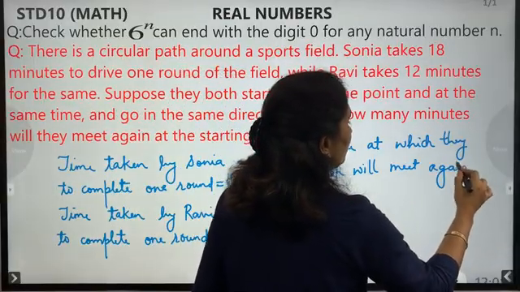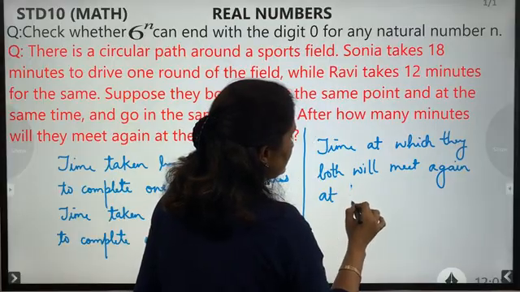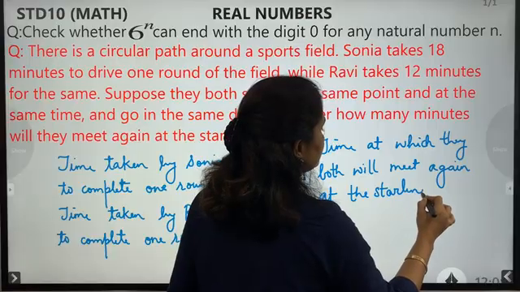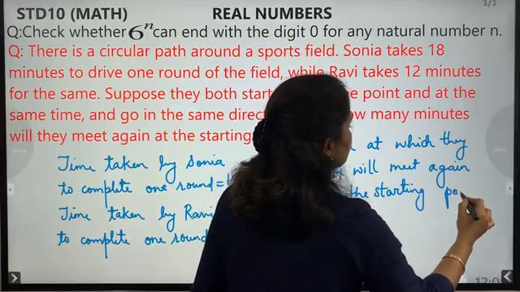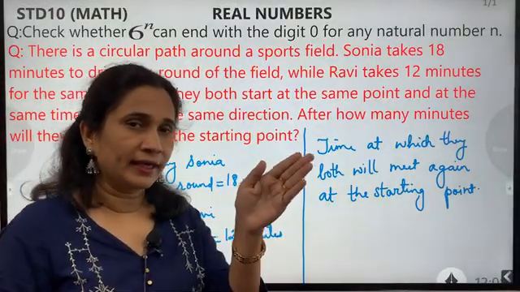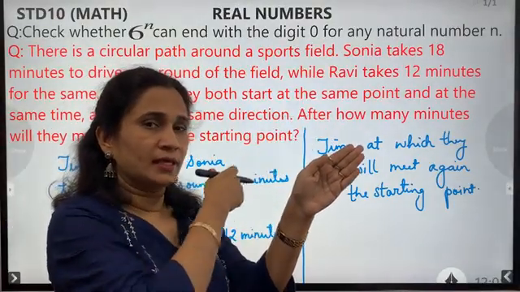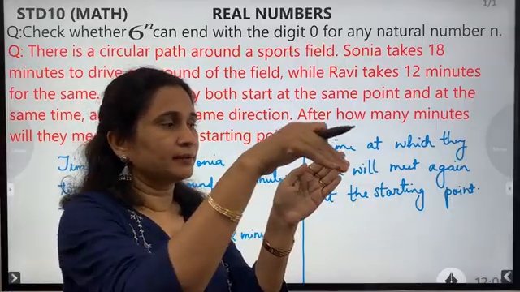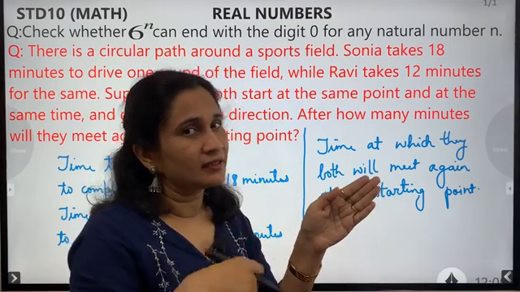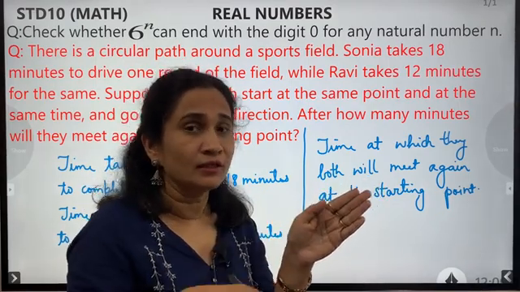At the starting point. So they started at a point A, both together, at the same time, in the same direction, they came over here, but one is taking 18 minutes, another is taking 12 minutes, and then they continue like this.